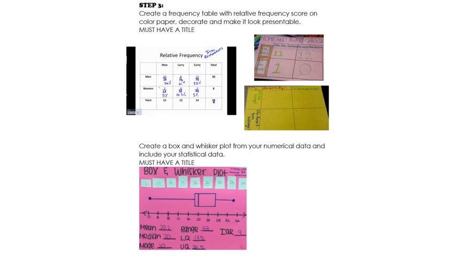And then make sure you have a title because that will be counted off if you don't have it. And then for your numerical data, you're going to create a box and whisker plot from the data, and it's going to include all the statistical information that you collected. And so you have examples of what would be expected in these situations.